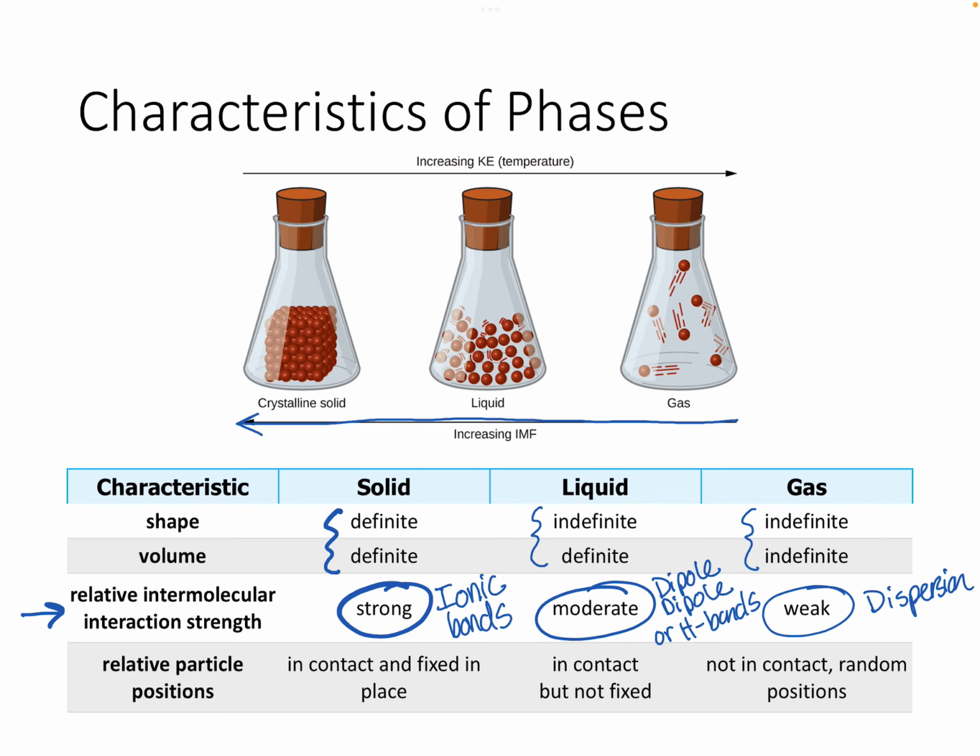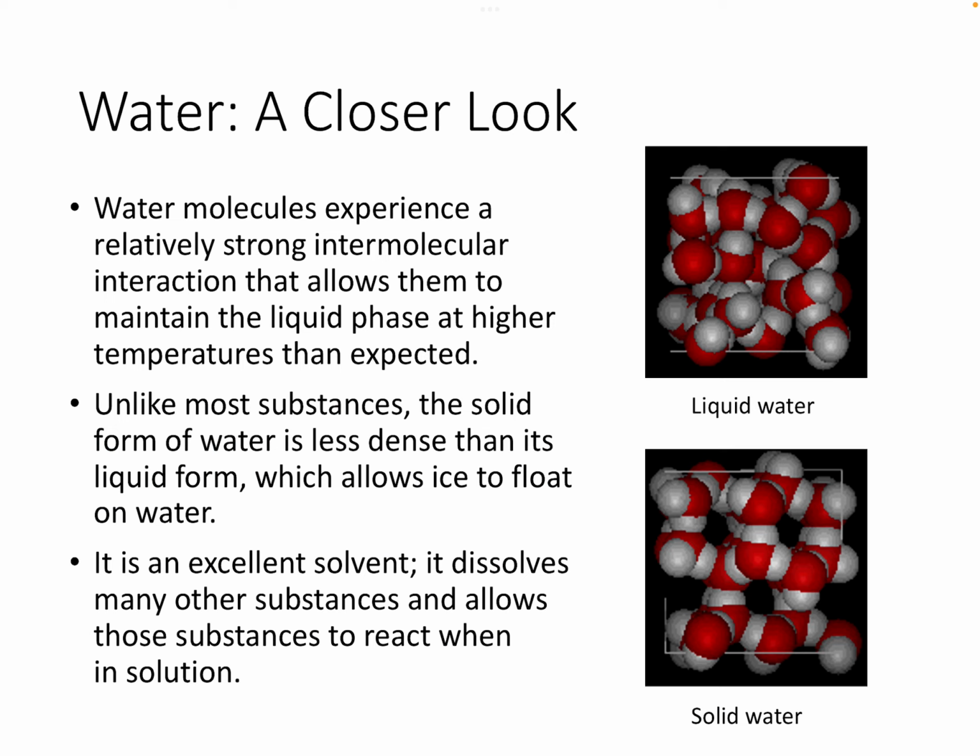Now, one interesting case is water. So earlier we said that water molecules exhibit hydrogen bonding. Because of this, water molecules are going to maintain the liquid phase at higher temperatures than expected. And we can actually see a model of water molecules off to the right.